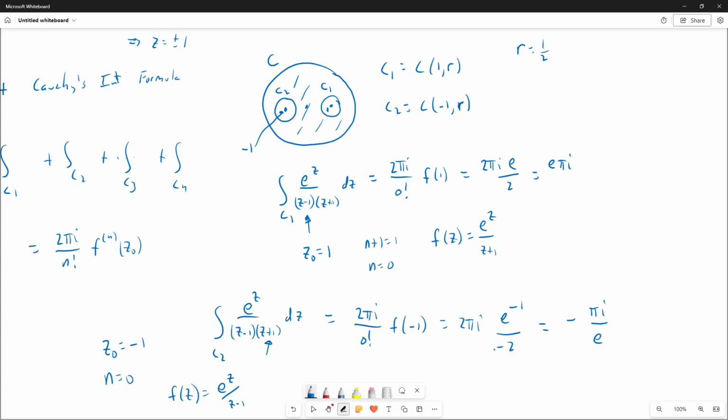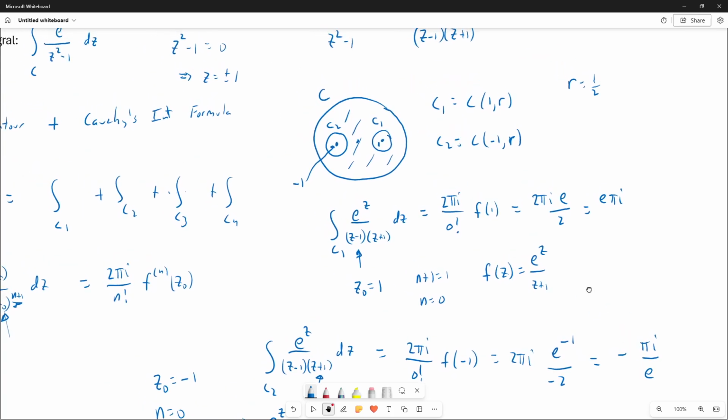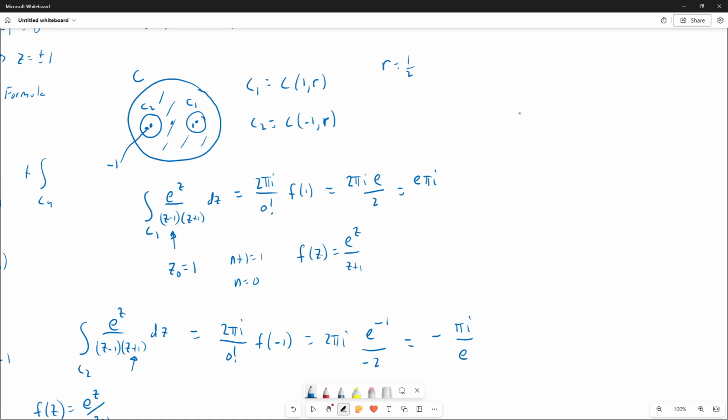So the final answer to the integral is to sum these two, e pi i minus pi i over e. So the integral of the function e to the z over z squared minus 1 dz, where this circle was centered at 0, radius 2, is equal to e pi i minus pi i over e, or pi i times e minus 1 over e.